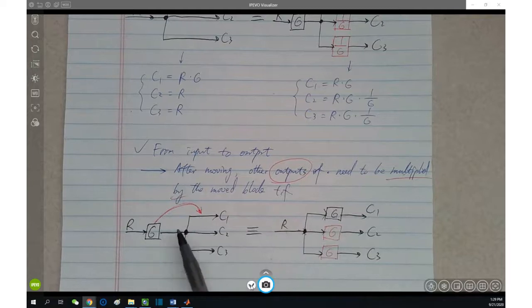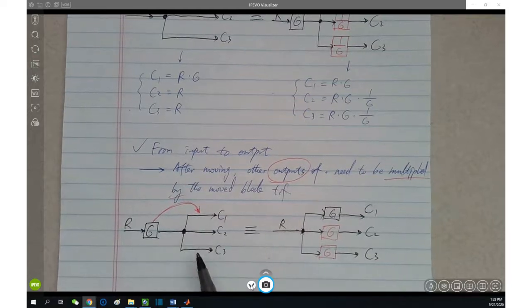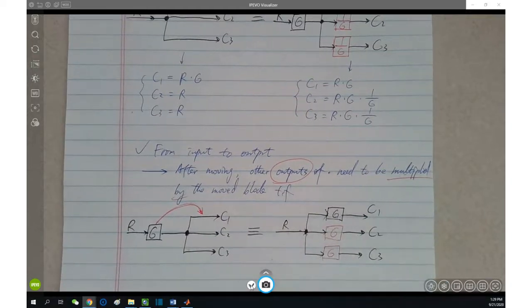G is moved here, here, or here. You can't tell. However, when you do the moving, you need to be clear. Moving to one single place, and deal with the other two outputs as multiplied by the moved block transfer function.